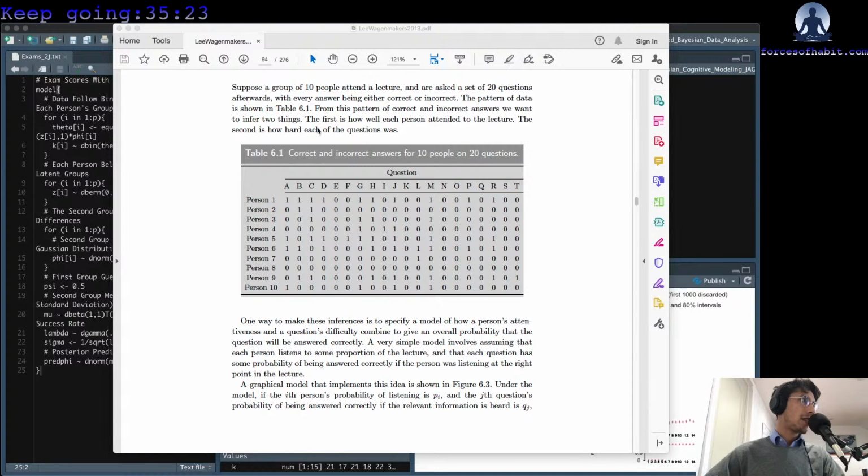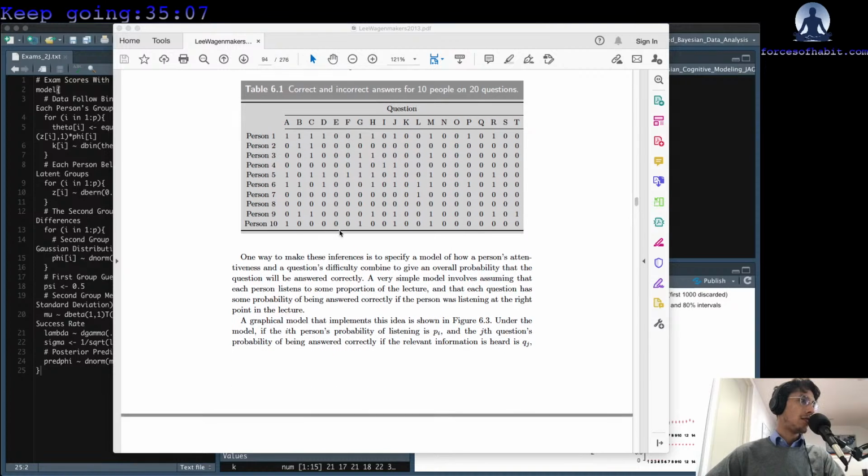And the second is how difficult each question was. So the probability of getting a given item correct varies because some are harder than others. However, the success rate across a given person also varies because some people pay more attention than others.